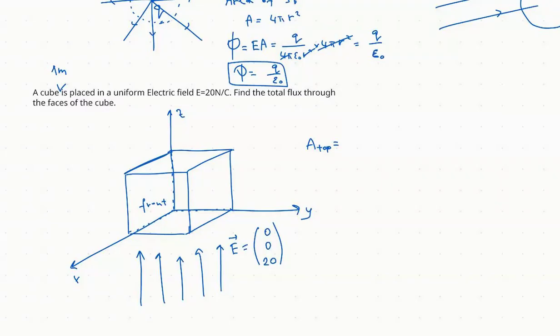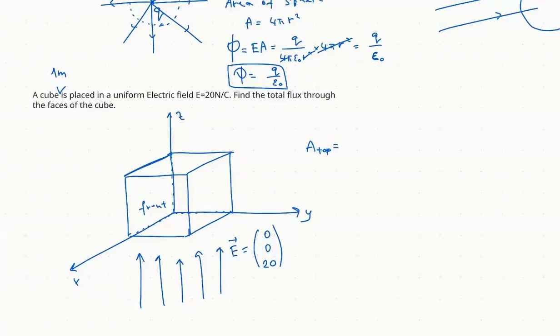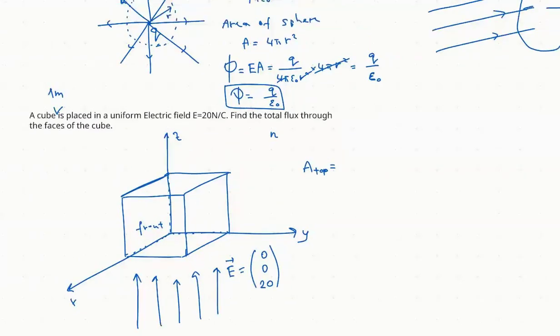We're going to use the outside vectors. The normal vector will always be pointing outside the box.